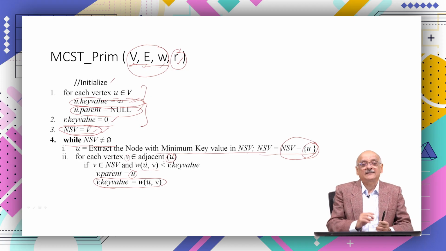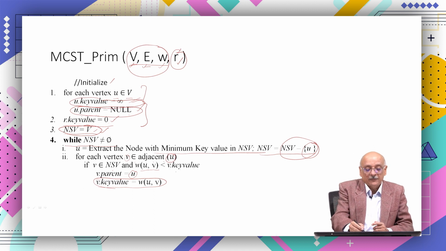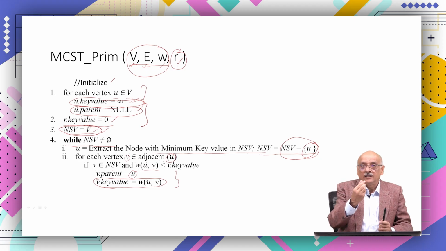Now, this looks very complicated, but it is very simple if we understand the logic with the help of an example. Let me repeat and then go to the example. We pick the node with the least key value, and then we look at all the adjacent vertices of that node.